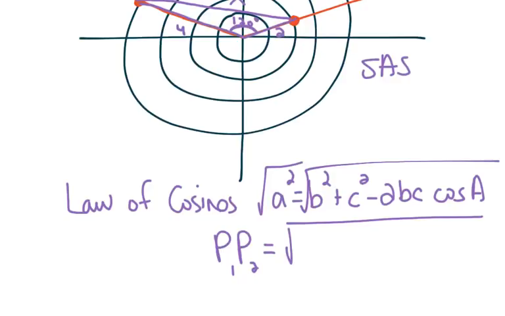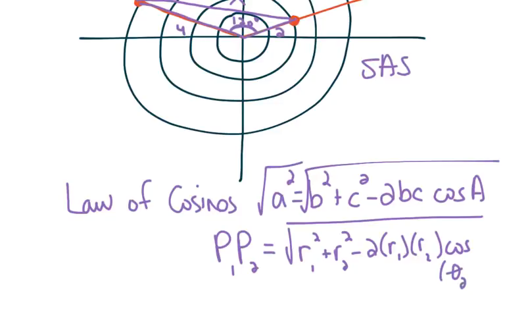The square root of the first radius squared plus the second radius squared minus 2 times the first radius times the second radius times the cosine of the angle between them. Ran out of space, sorry. And the way that you find the angle between them is by subtracting the 2 angles. It's the same formula. Let's practice.